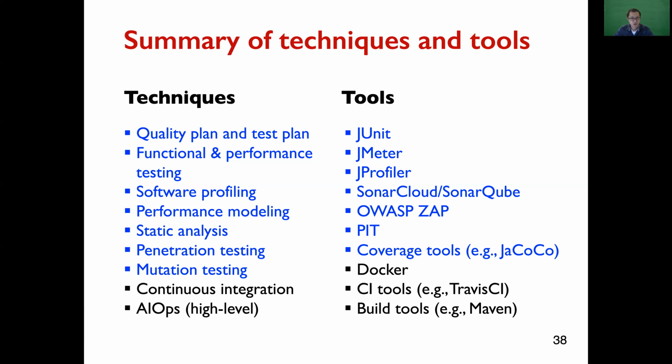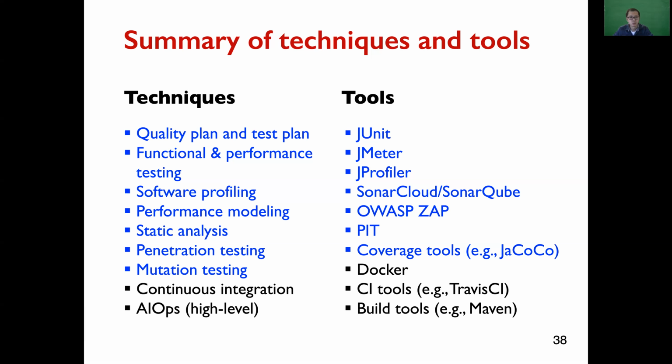And how to use SonarCloud or SonarQube to do static analysis to find security vulnerabilities, OWASP ZAP to perform penetration testing and detect security vulnerabilities, PIT for mutation testing, and how to measure test coverage using tools such as JaCoCo. There are also other tools like Docker, continuous integration tools like Travis CI, and build tools like Maven that you are expected to have learned during the course.